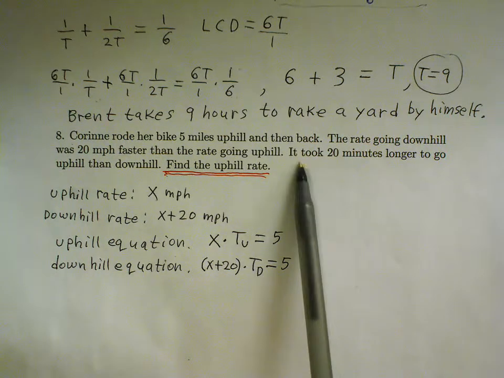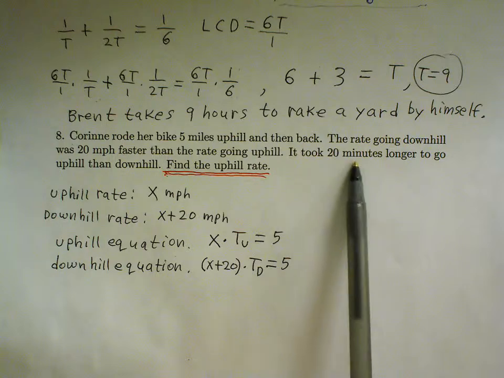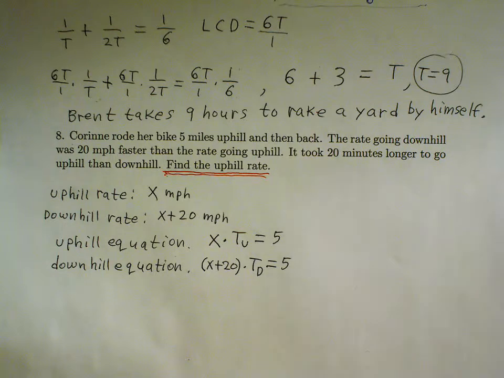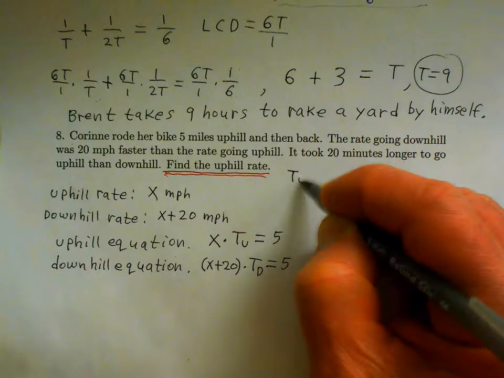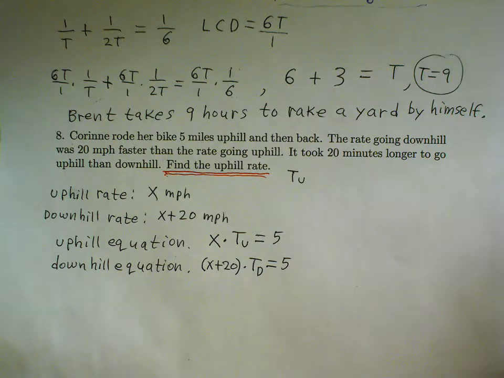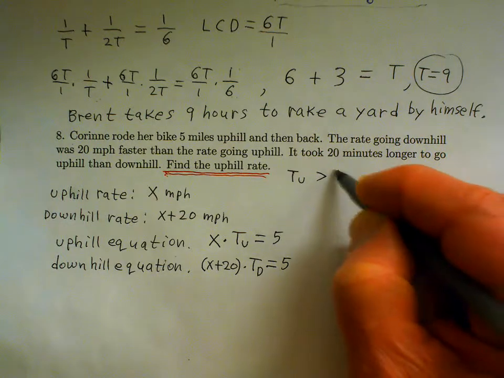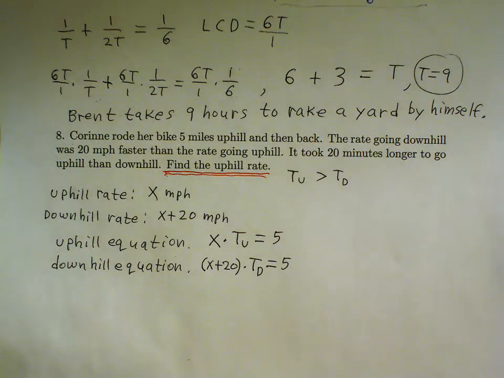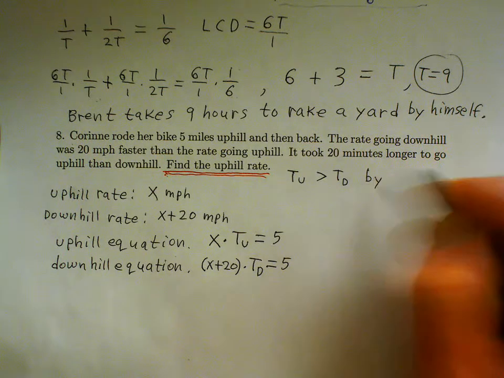And in the third sentence, we're told it took 20 minutes longer to go uphill than downhill. So we can say T sub U, the amount of time it took to go 5 miles uphill, is greater than the amount of time it took to go 5 miles downhill. It's greater by 20 minutes.